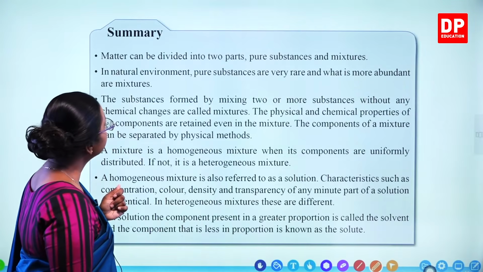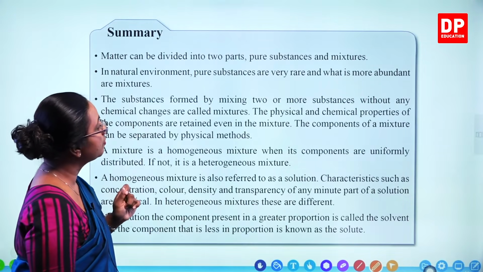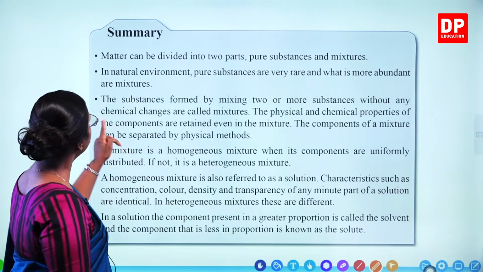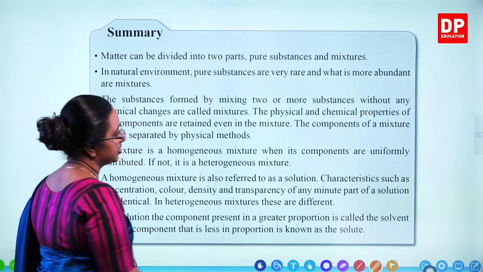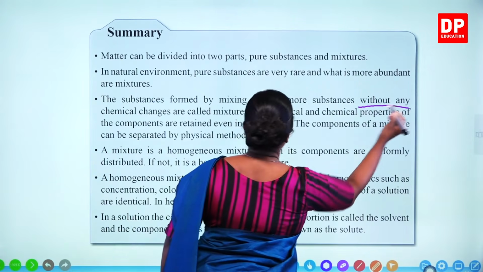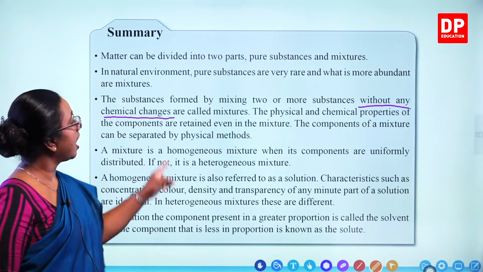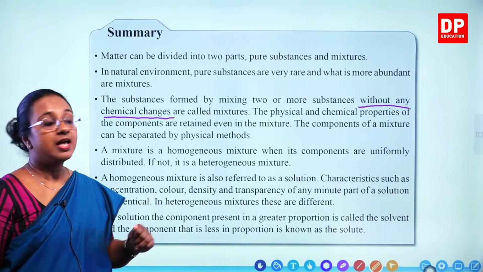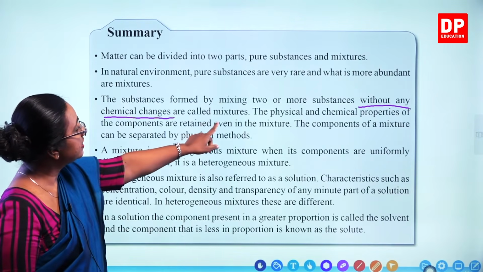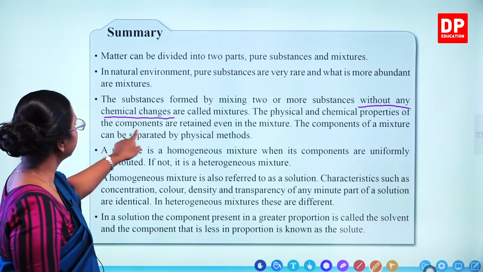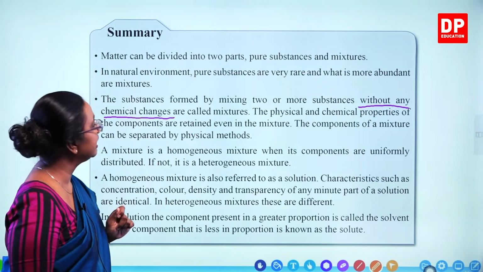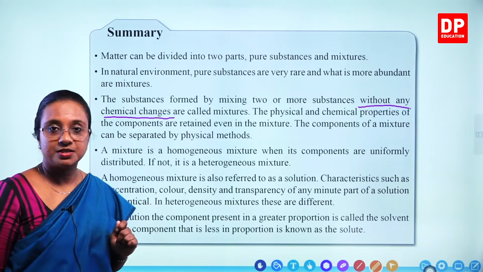The substances formed by mixing 2 or more substances without any chemical changes. This is something that you have to remember. Without any chemical changes are called mixtures. That is why the physical and chemical properties of the components are retained even in the mixture.